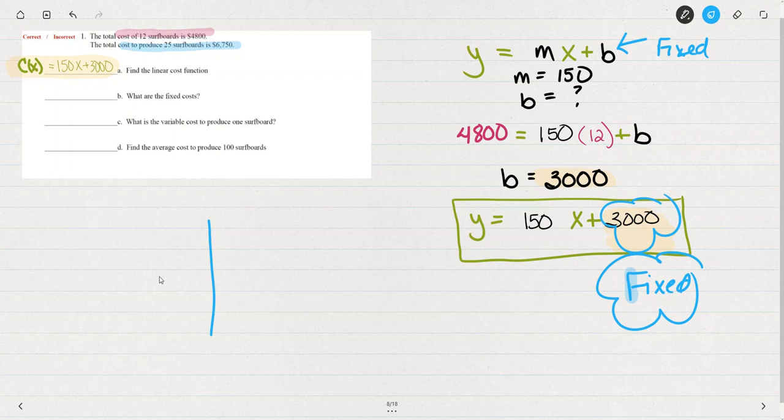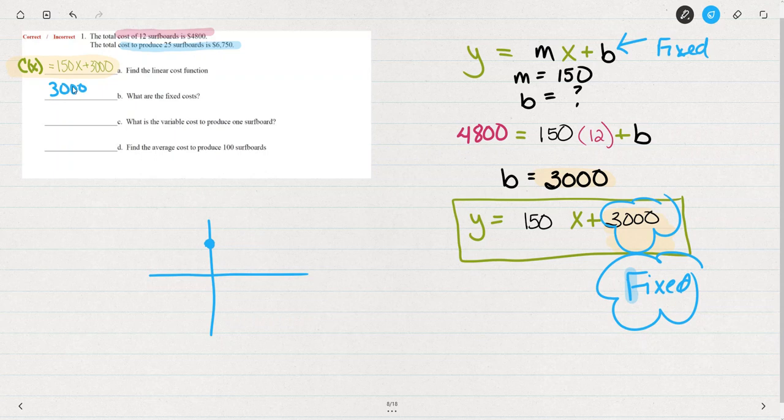If we looked at an XY graph and we're going to graph our cost, what is our cost before we even started creating anything? Right, that is our y-intercept, or in this case, the 3,000. The fixed cost is the 3,000.